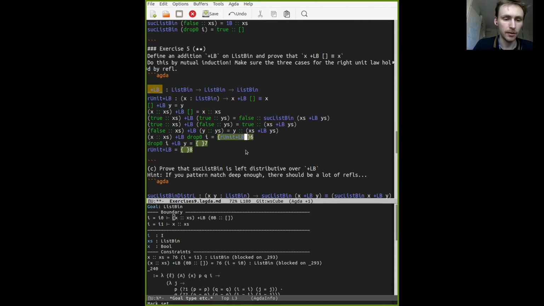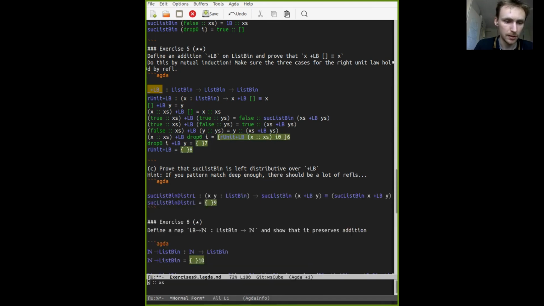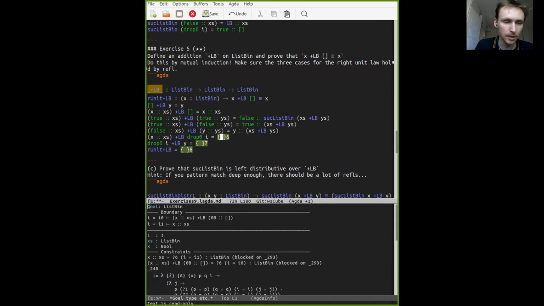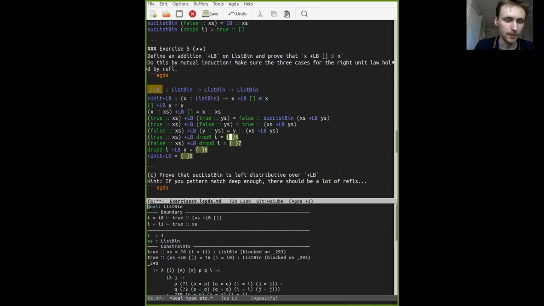So we just take right unit. We might have to do a further pattern matching later on this to convince Agda that this terminates, but this should be good. So when i is 0 here, this is xs, and when i is 1 here, oops, what did I do? Oh no, this is not it at all. Sorry, I have to further pattern match on x. Okay, this is better.